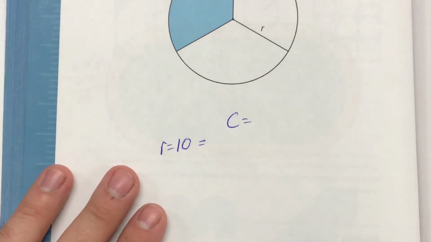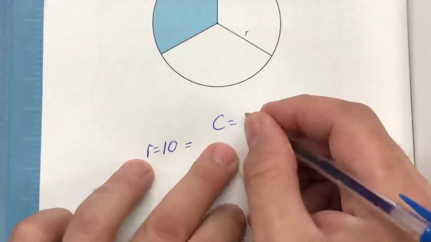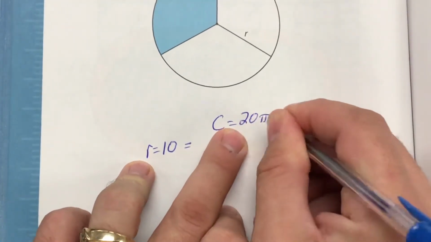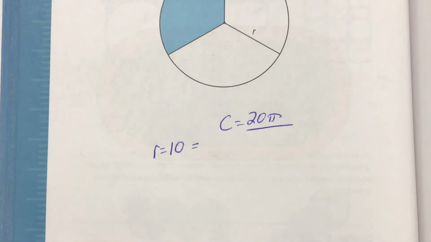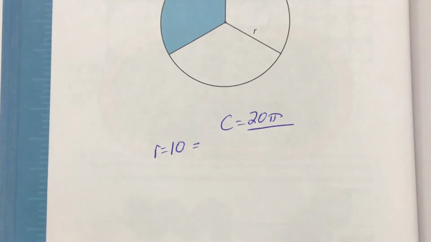How would you figure that out? 20 times pi. Everybody agree with that? Diameter times pi. If it ever says leave it in terms of pi, I just leave it like that. It's just saving the trouble of multiplying it all the time times 3.14.